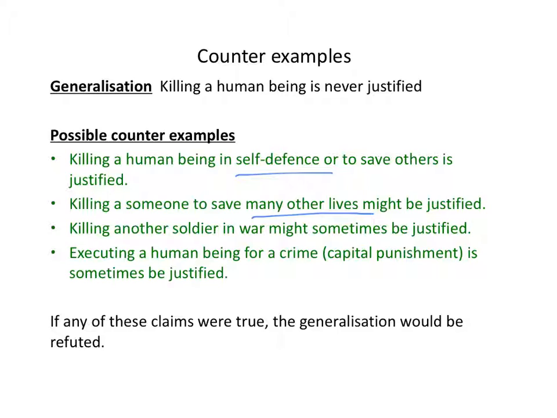And of course some people want to argue that capital punishment, executing people for certain crimes, is sometimes justified. Of course all these cases are controversial, some more controversial than others. Those are just examples of possible kinds of counterexample to a generalization like this. Killing a human being is never justified.